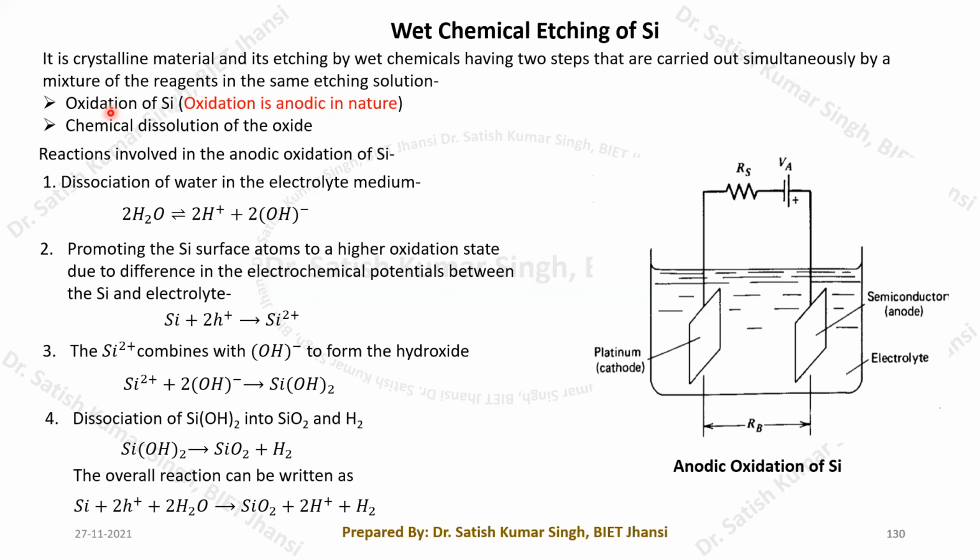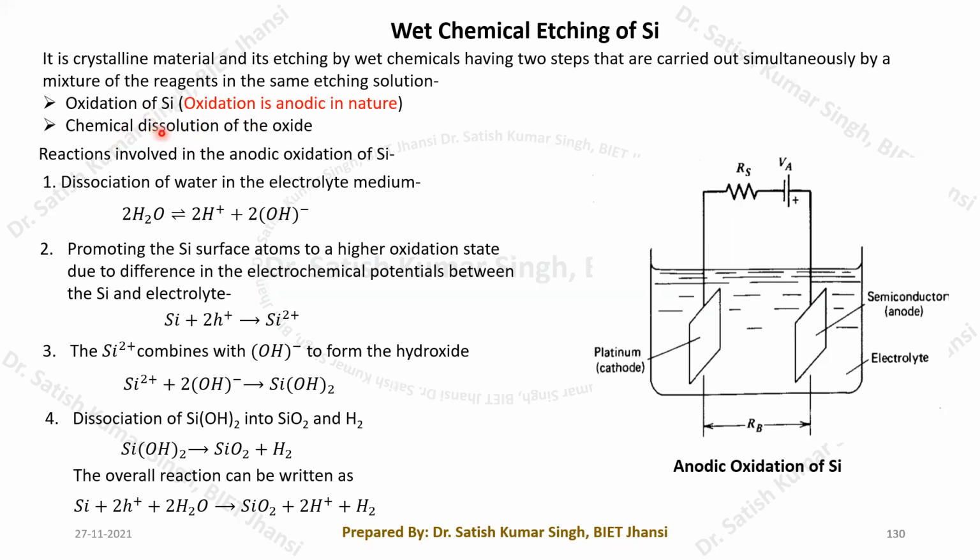You remember that I discussed oxidation in my previous lectures, in which I explained the thermal oxidation process. Here we have to again go for the oxidation of the silicon, and once the silicon gets oxidized and forms SiO2, this SiO2 will be dissolved in a particular solvent.